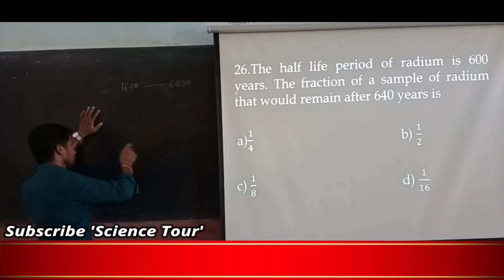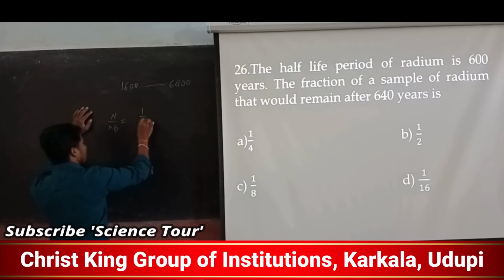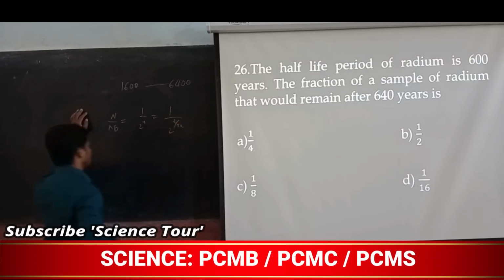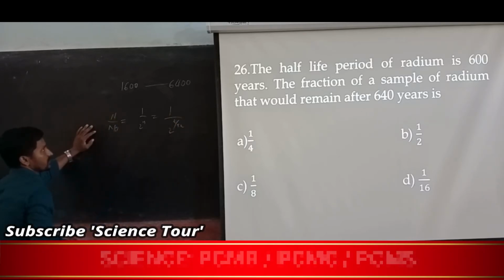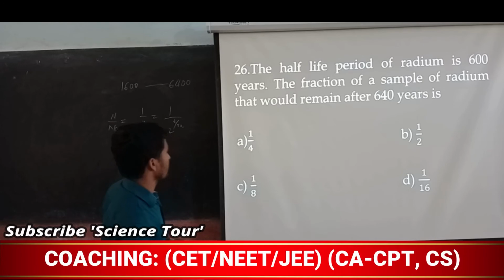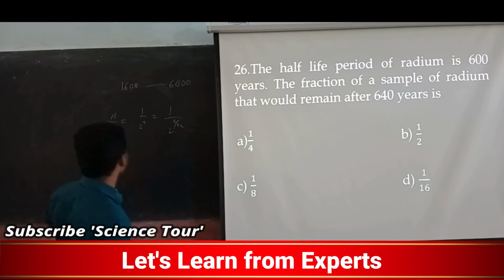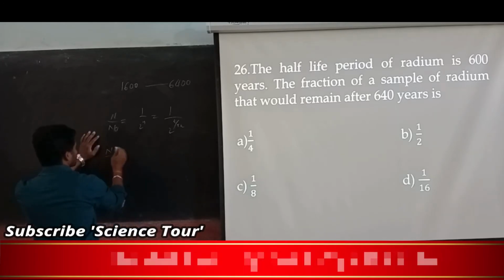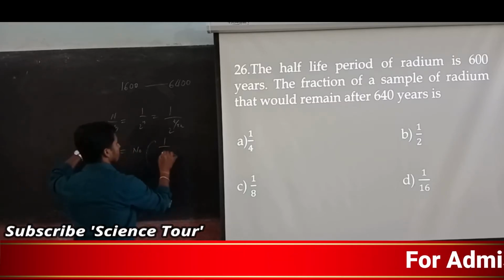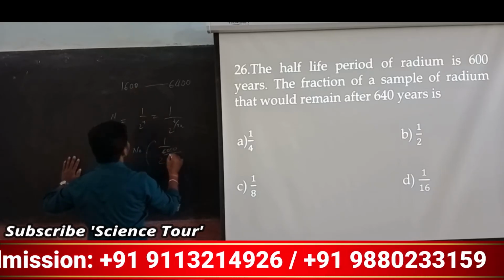Now half-life: directly, N naught out of N naught, N is there, 1 by 2 to the power n, which is equal to 1 by 2 to the power t by t half. That is the equation you have to use. Now N you have to find out, N which is equal to N naught into 1 by 2 to the power t, which is nothing but 6400 divided by capital T, the half-life 1600.